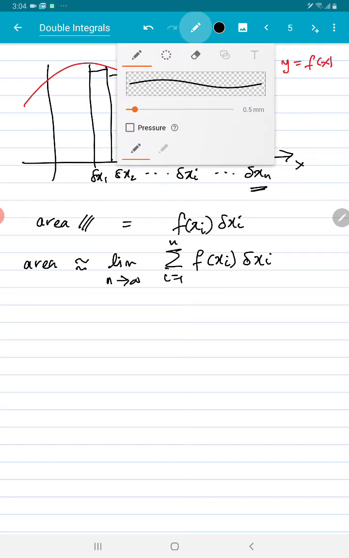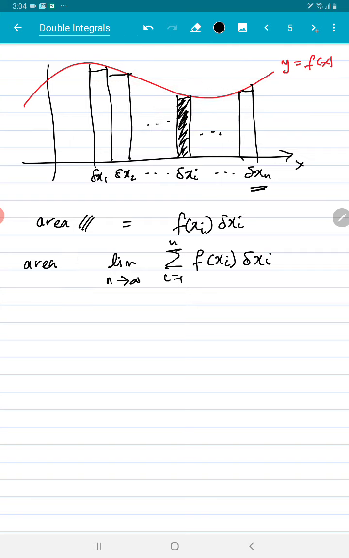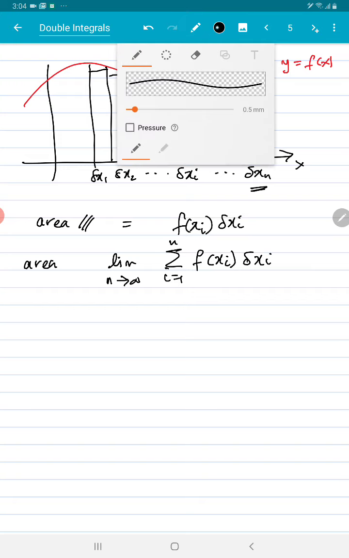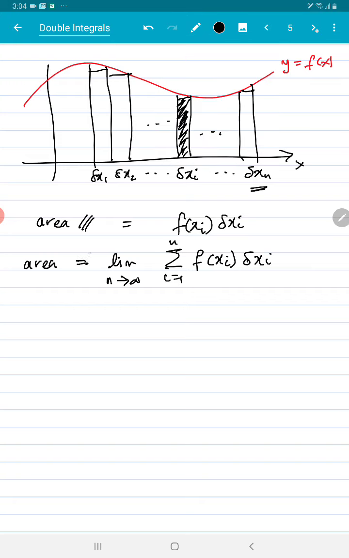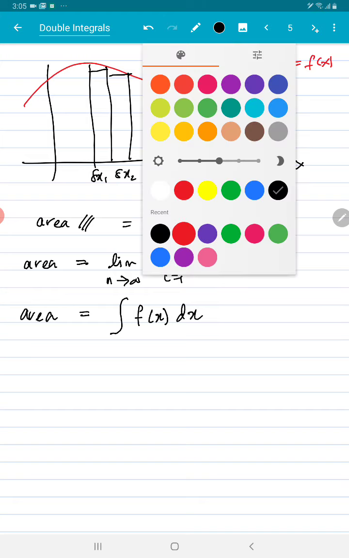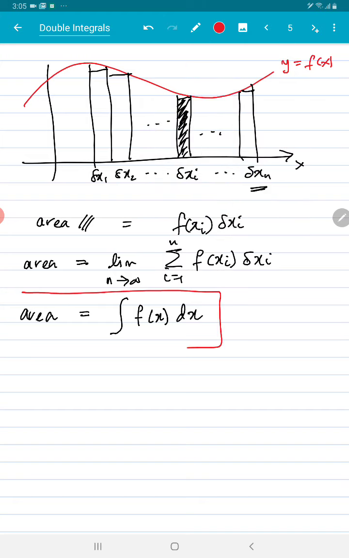Then we can change the approximately equal to an equal. According to the Riemann sum, the limit of the summation as n goes to infinity can be replaced by integration, where f of x stays and delta xi is replaced by dx. That would be the area under the curve, just like the formula that we use in high school.